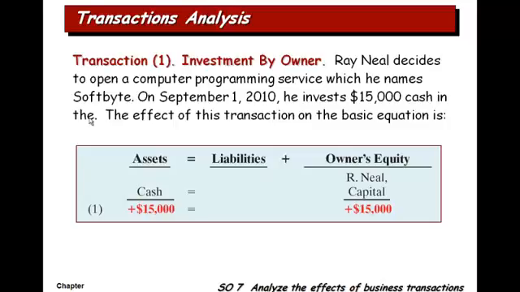The effect of this transaction on the basic equation is an increase in cash of $15,000 and an increase in owner's equity of $15,000. Notice that one side, assets, and the other side, liabilities plus owner's equity, are both in balance, and that has to happen on every single transaction. That's the dual effect of the accounting equation.